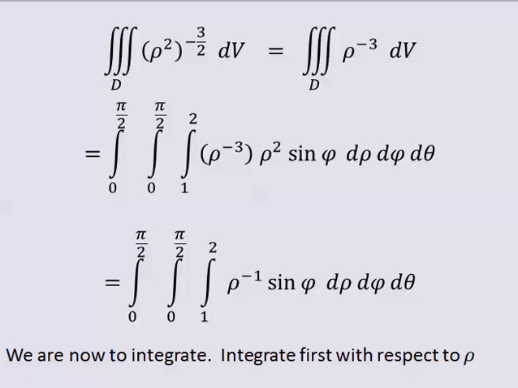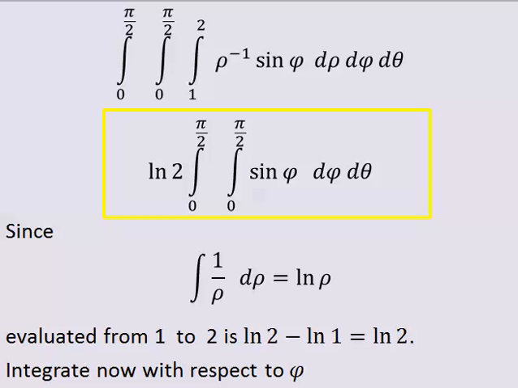Let's integrate first with respect to rho. That's the first one in order. And my answer is boxed in yellow. Below my answer is my thinking in how I got that answer.